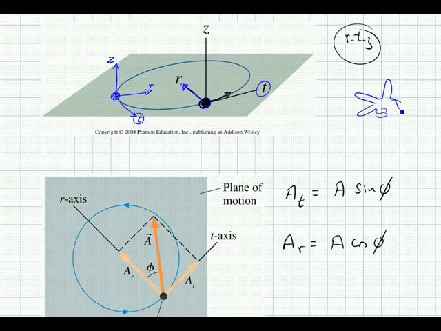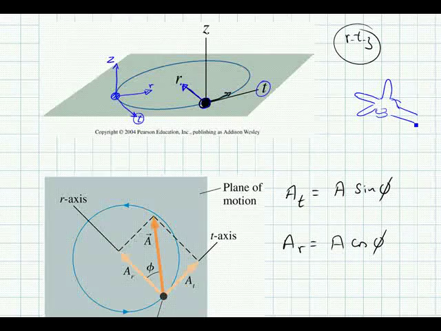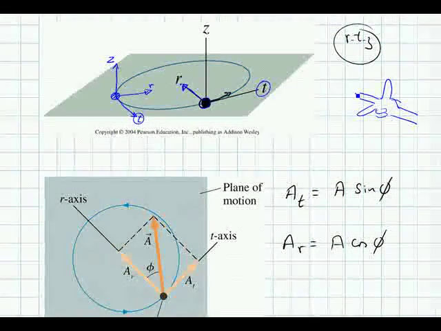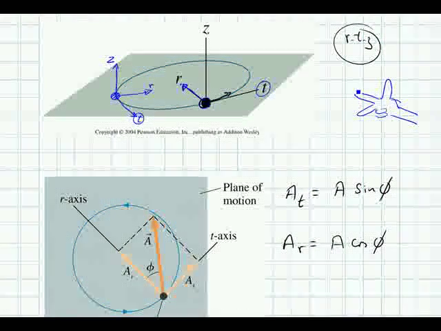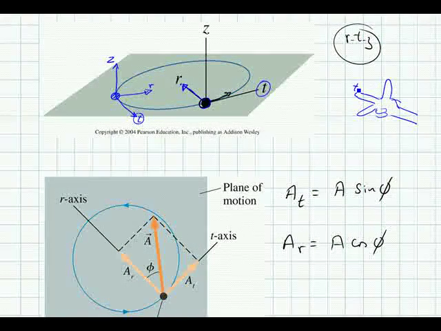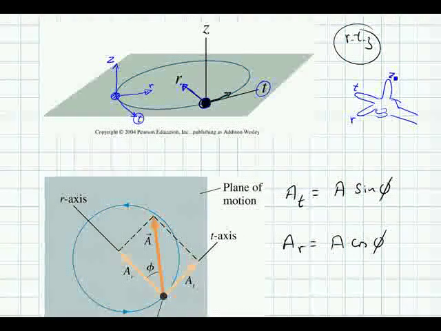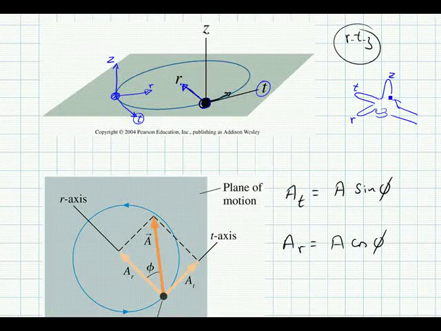Right, I apologize for my terrible drawing here, but that's the best I can do. So your index finger is the T coordinate, R is your middle finger, and Z coordinate is your thumb pointing upwards.